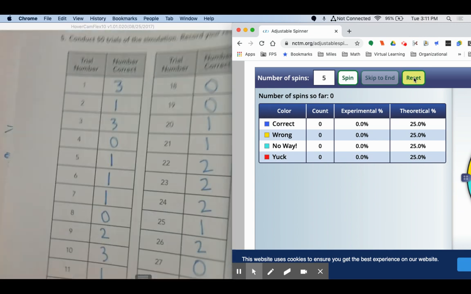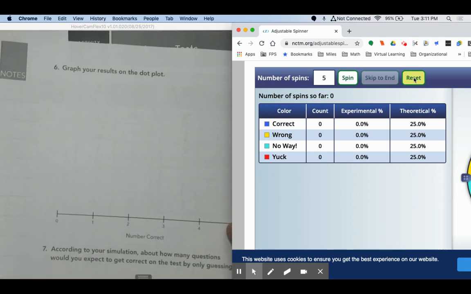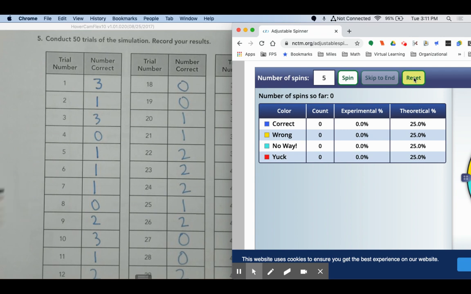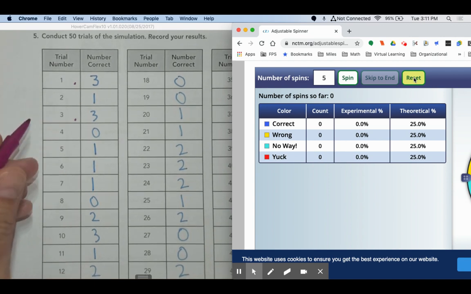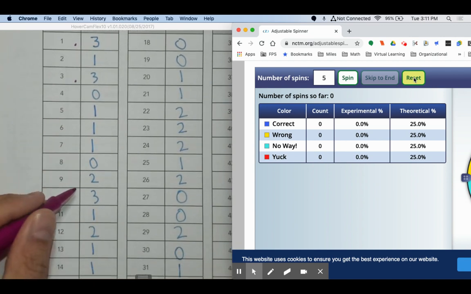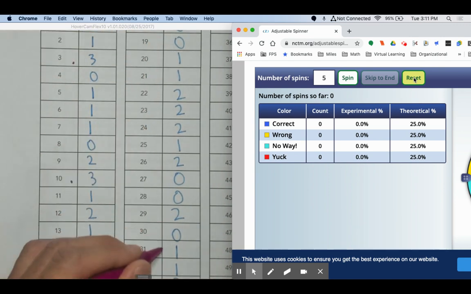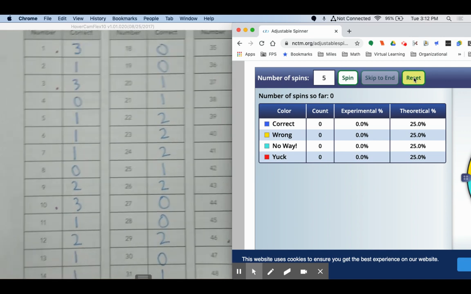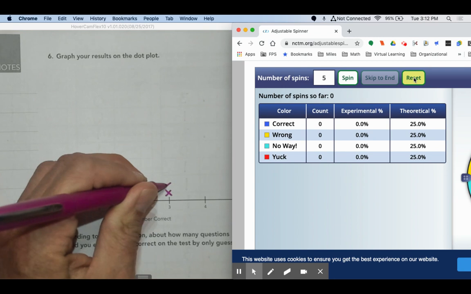Now we have to go on, and it says graph your results on the dot plot. So got to count these up. For the 3s, 1, 2, 3, 4. So 4 times there was a 3.